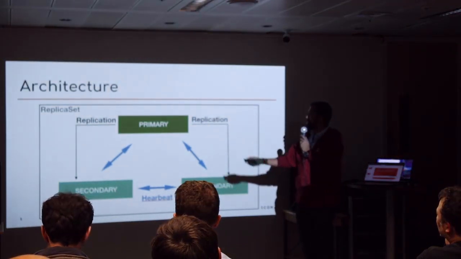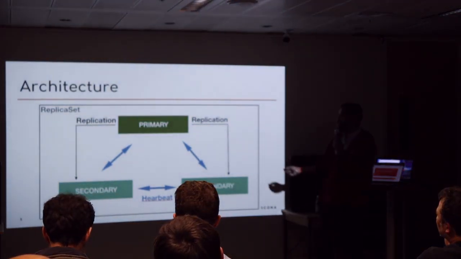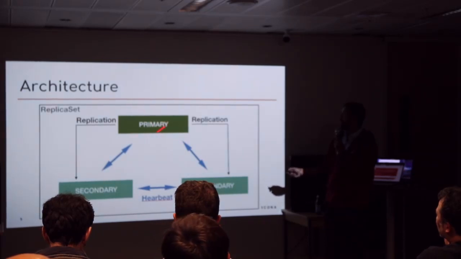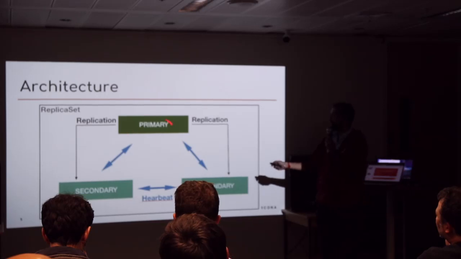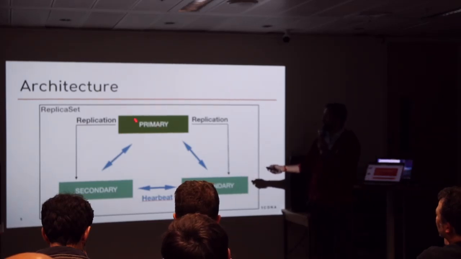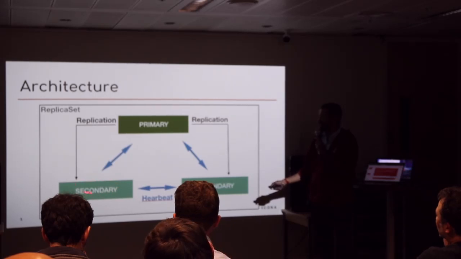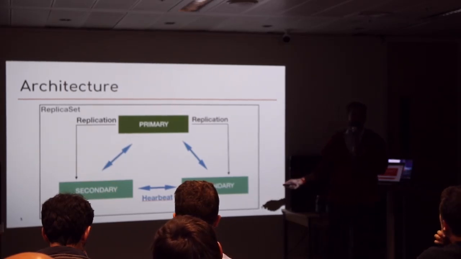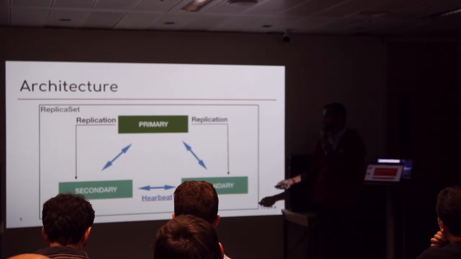It's basically about HA. You have a primary, which means whatever writes you do go to this primary, and the data is replicated to the secondary. In the MySQL world we call it a slave; here we call it a secondary.